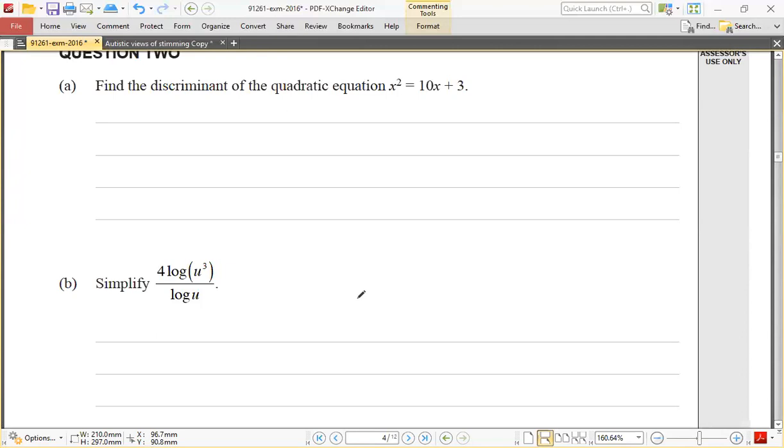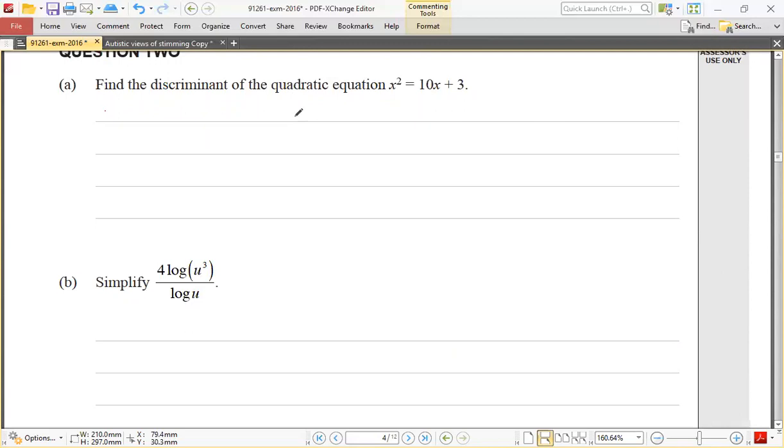Right, can you remember discriminants? So it's going to be pretty much the same thing, yeah? Remember? So we've got, where's that going to go?